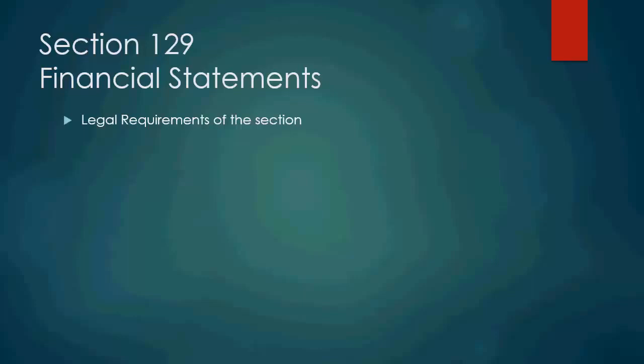Section 129 subsection 1 gives out the non-applicability of this section. The non-applicability of this section will rest upon a banking company, an insurance company, a company which is engaged in the generation or supply of electricity. These 3 companies are specified because a banking company is governed by the Banking Regulation Act, insurance by the Insurance Act, IRDA stuff.